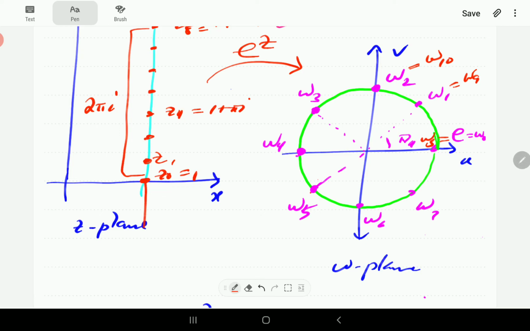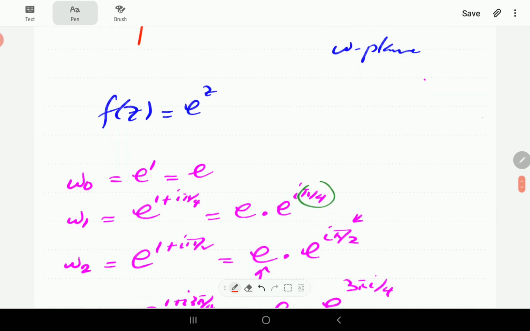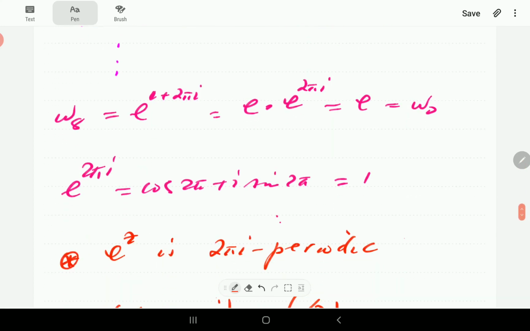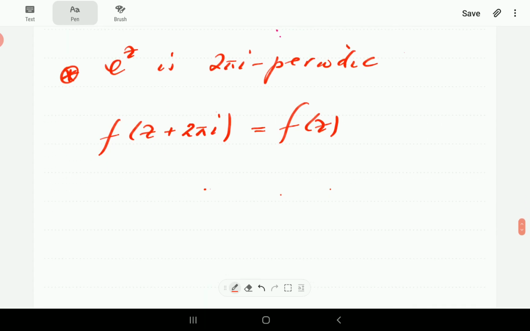So even the points this side of the line will all map onto the circle, and that's partly the reason why we've got the periodicity, because once you have got a circle, then of course you're going to have periodicity.